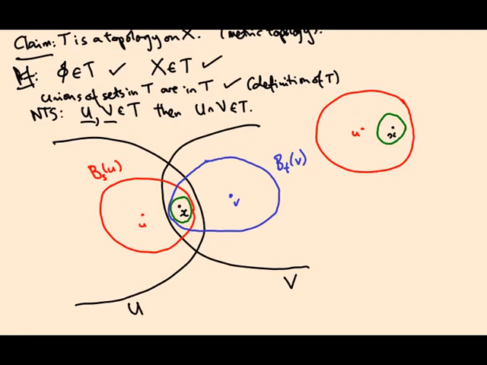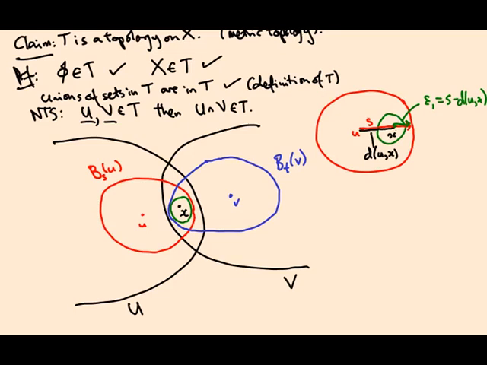The red ball has radius s, and this distance here from U to X is something. And what's left? This radius here I'll call epsilon 1. That's s minus the distance from U to X. So if I take that radius epsilon 1, I claim the ball around X of that radius will be contained inside the red ball.